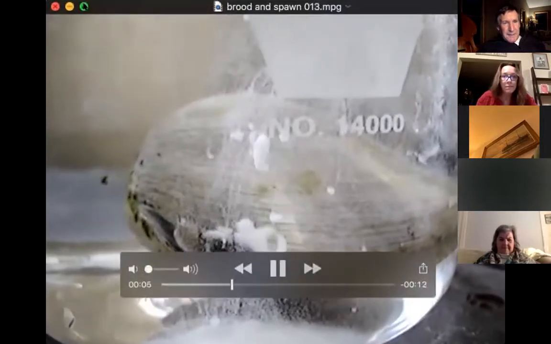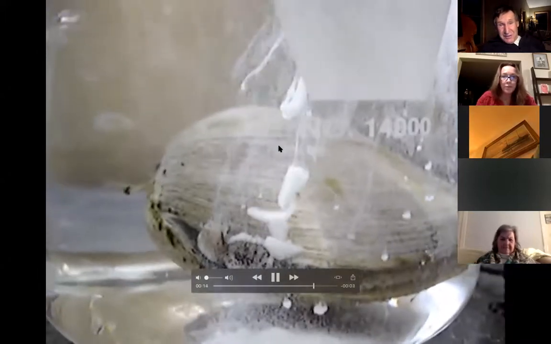So that's a female, and the big clumps of eggs. I mean, just lots of eggs being expelled. It's also interesting about that. Did you see that? Was it playing? What's interesting about this, a clam has an incurrent and an excurrent siphon.